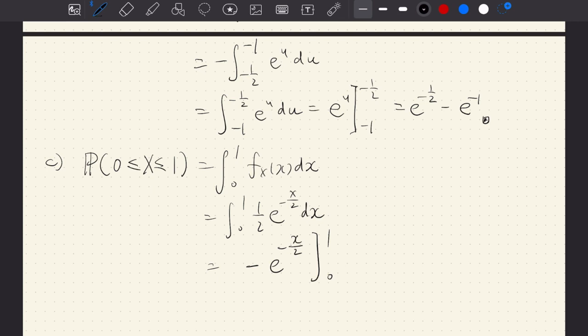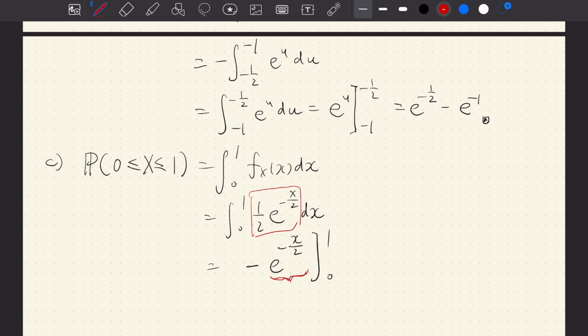This is because when you look at this integrand, you know that its antiderivative should be some multiple of e to the negative x over 2, right? So you try to differentiate this e to the negative x over 2, and you will get negative 1/2 times e to the negative x over 2 using the chain rule, right?